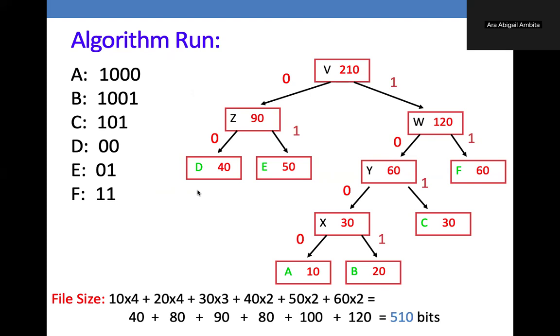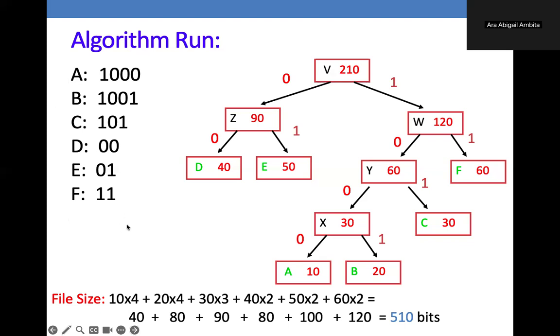So now the file size would be a total of 510. For A, that's 10 times 4 because A occurs 10 times, times 4 as the length of A. So that's 40. B occurs 20 times. So that's 20 times the length of B, which is 4, since it's 1001.